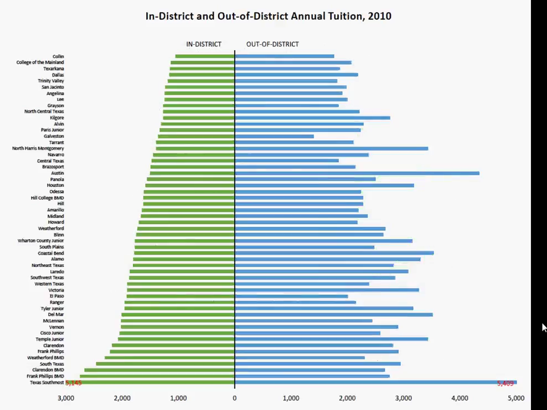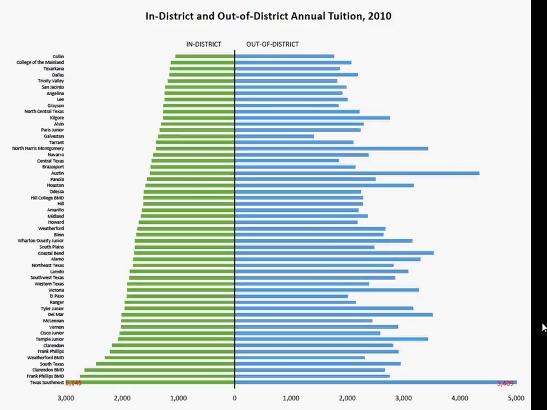As we can see, these are the 50 different taxing districts. The green here is the in-district price, and the blue is the out-of-district price. You can note two things. First, even focusing on in-district price, there's quite a bit of variation in that price.